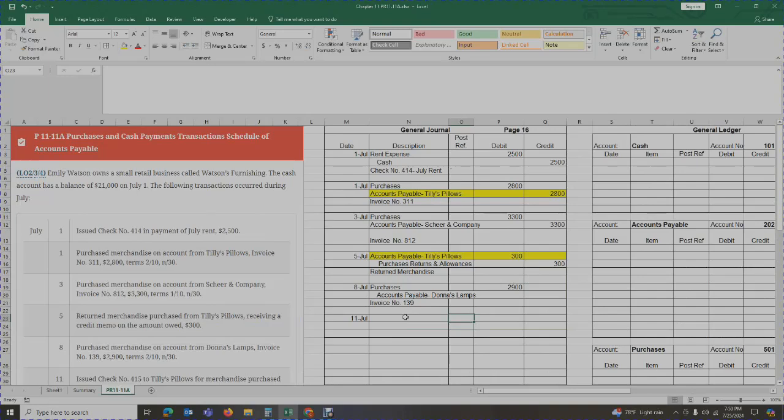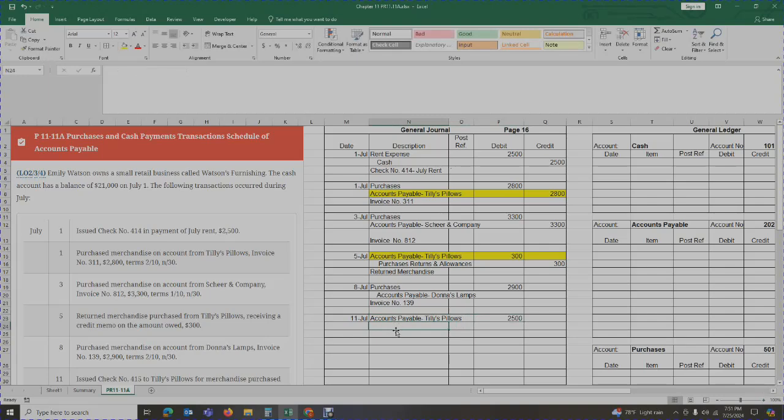So if I have a credit balance, then to clear my credit balance means I need to debit it. Okay, so I'm going to debit accounts payable for Tilly's Pillows for $2,500.